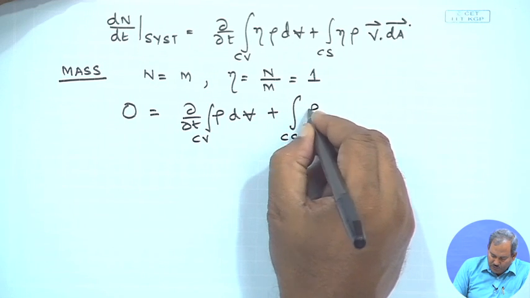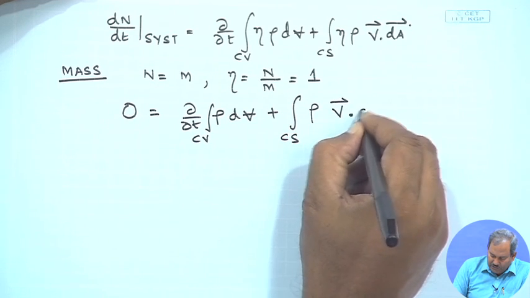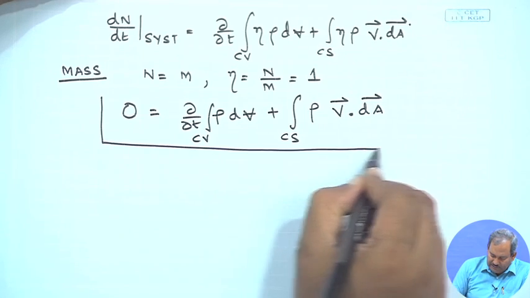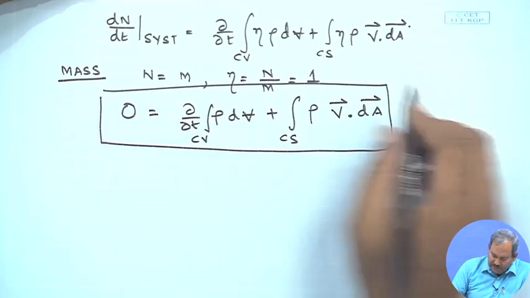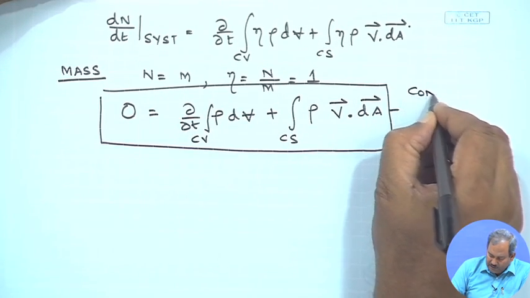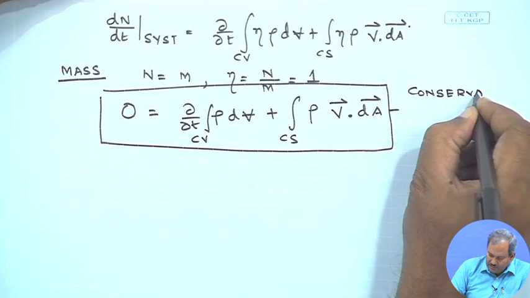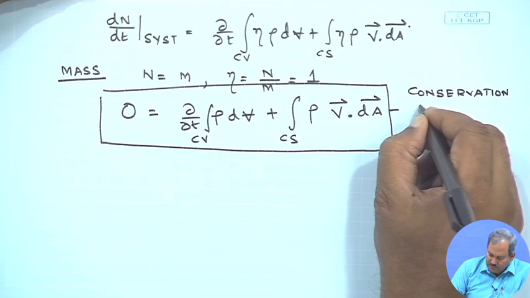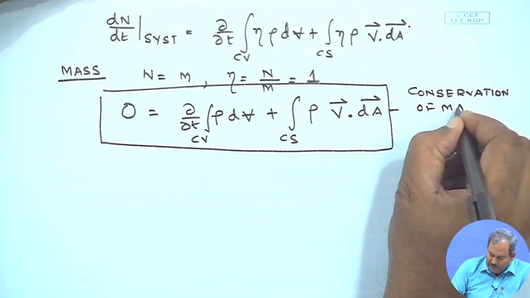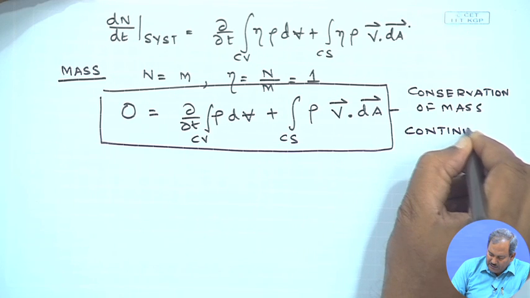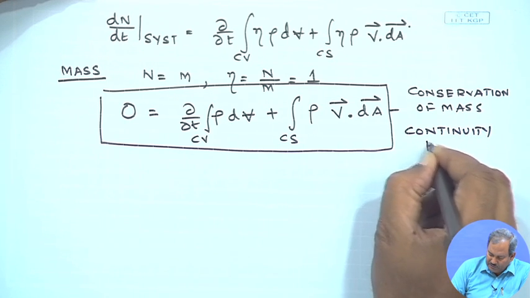Eta is going to be 1, so rho v dot dA. So this is nothing but the statement of the conservation of mass, and more commonly in fluid mechanics it is known as the continuity equation.